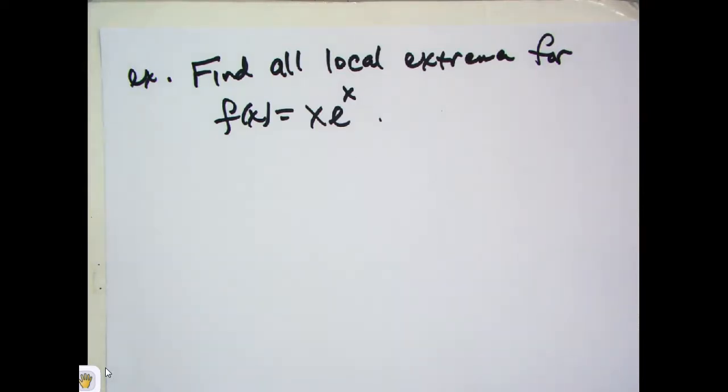Zero or not defined. So where your derivative is zero or not defined are possible relative extrema points. So first thing we need to do is take the derivative and set it equal to zero, or determine if it's not defined. Okay.